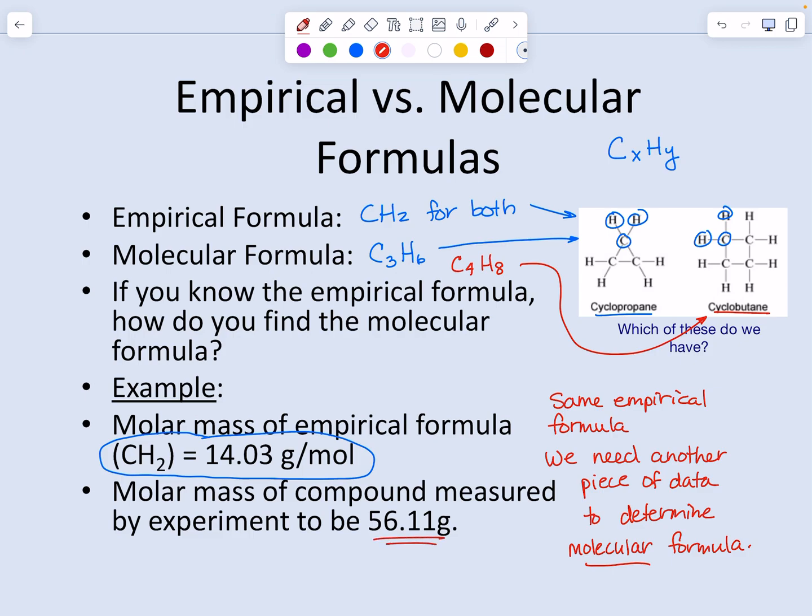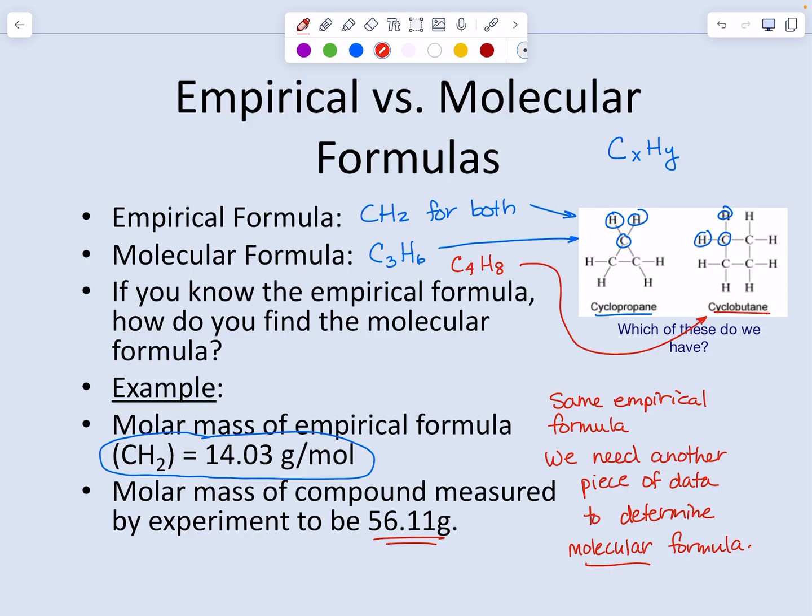For example, just to give you an idea of how one could figure out the molar mass of the compound: these molecules are not acids, but in lab last week you did a titration experiment that enabled you to figure out the molar mass of the compound in the unknown.